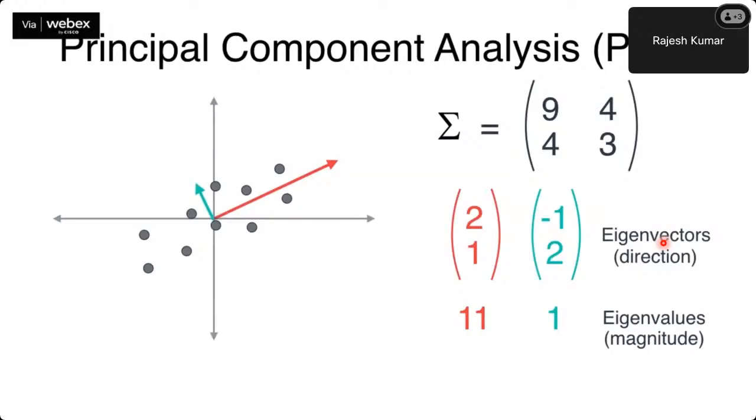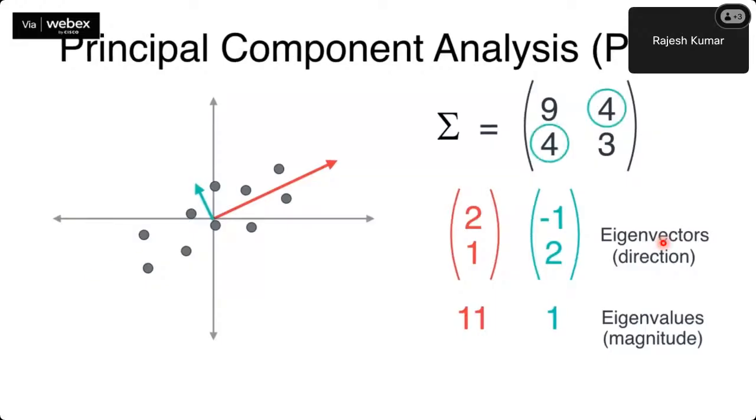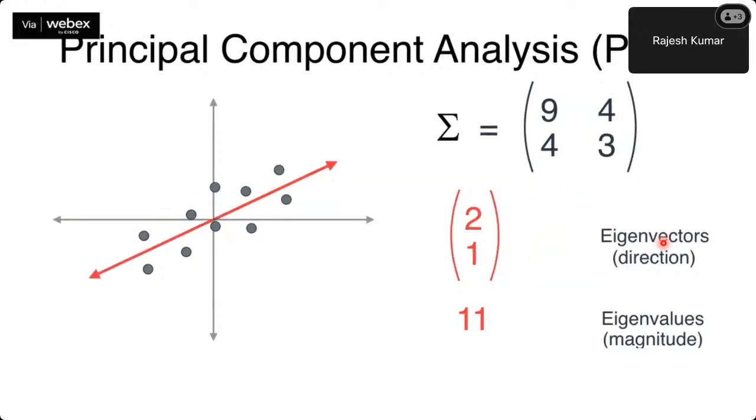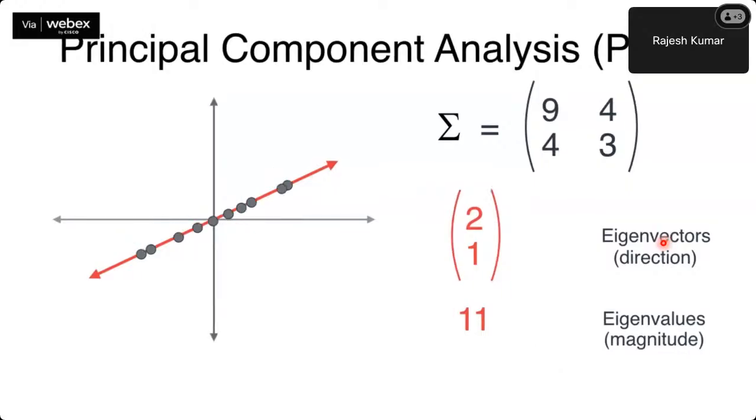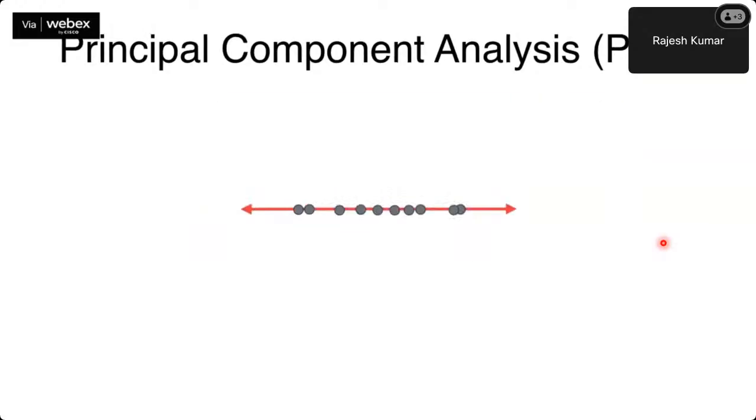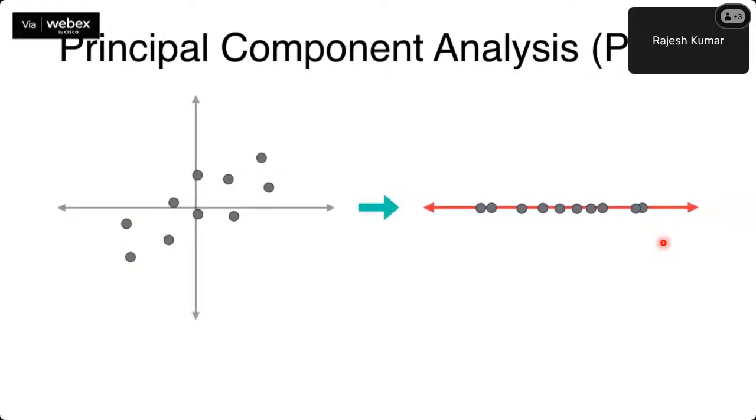So the first one is more dominating. I'll discard the second direction, take only this direction, and take the projection along it. That's all. I have converted 2-dimensional data to 1-dimensional data, because this direction is dominating and the other one is not.